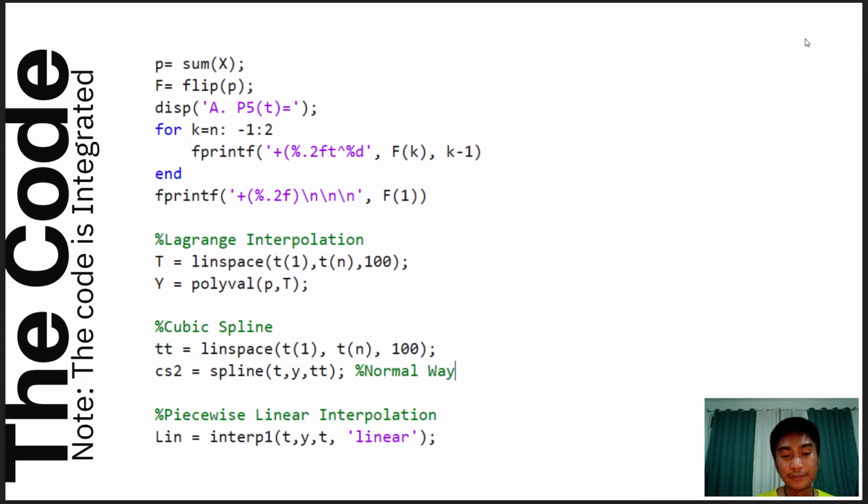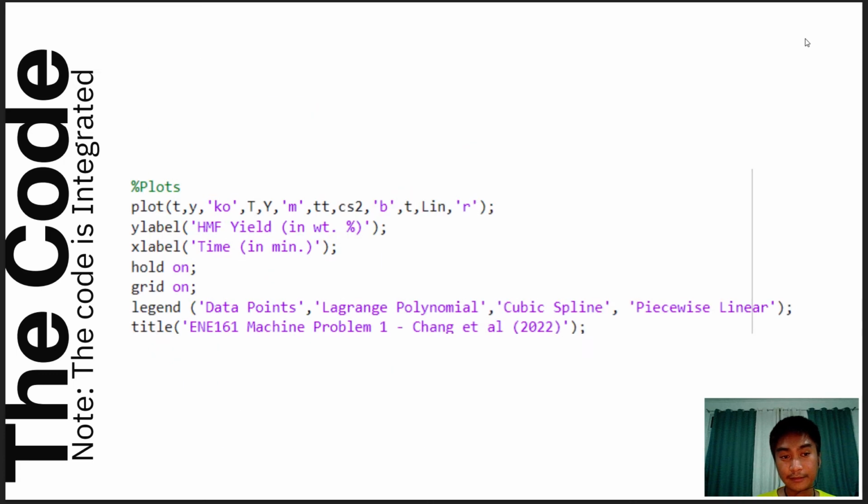For the piecewise linear interpolation, it's assigned by lin is equivalent to interp1 of t comma y comma t, and then in quotes, linear, then close it, and we put a semicolon. For the plots, we can see plot of t and y and ko, and then big T and big Y and m.